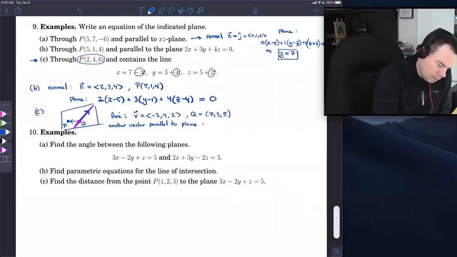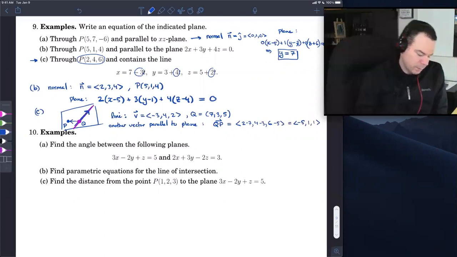And that vector is going to be the vector from Q to P. So that's going to be the point P, which is 2, 4, and 6, minus the tail, which is the point Q. That's 7, 3, and 5. So we get a vector -5, 1, and 1.